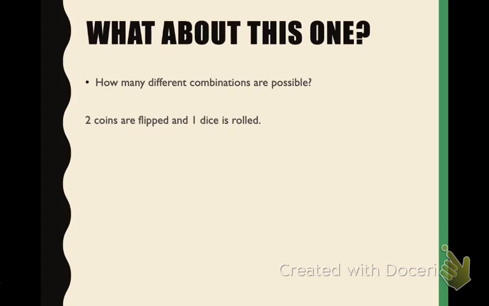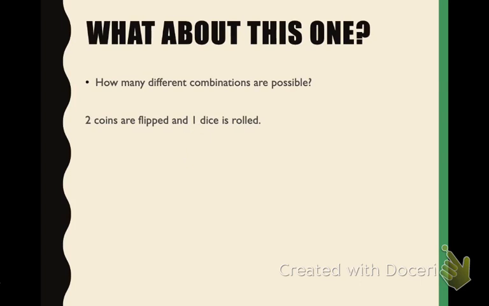If 2 coins are flipped, that means on the first coin I have an option of heads or tails. I'm making this into a tree diagram so you can see the possibilities, but I will show you a different, easier way to do this in a second.